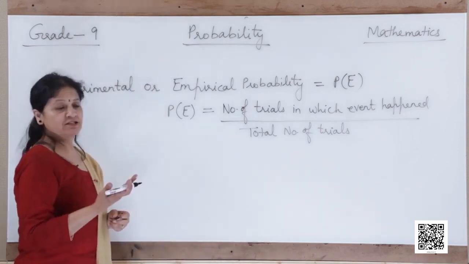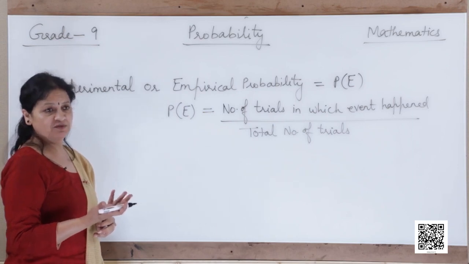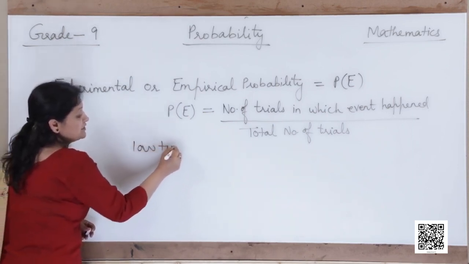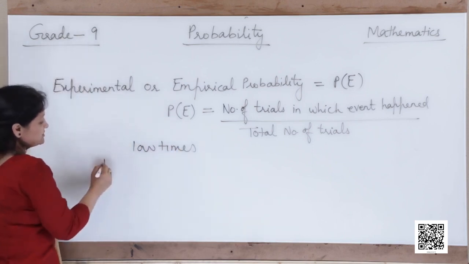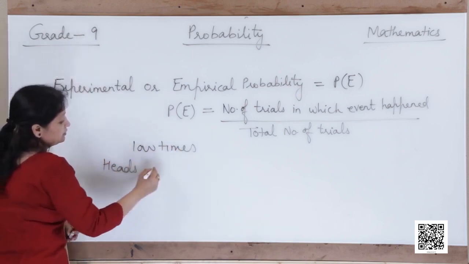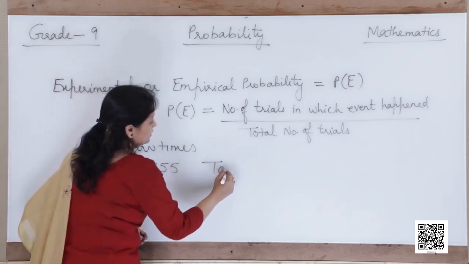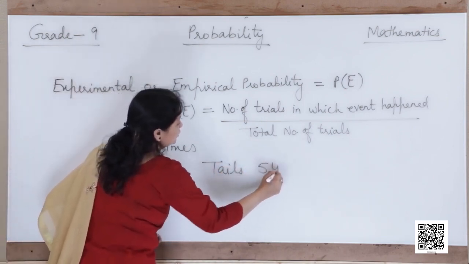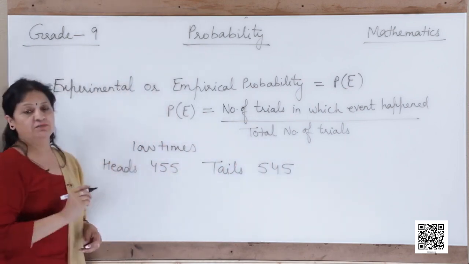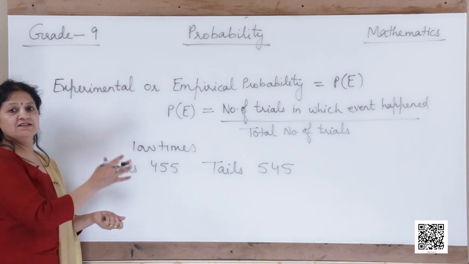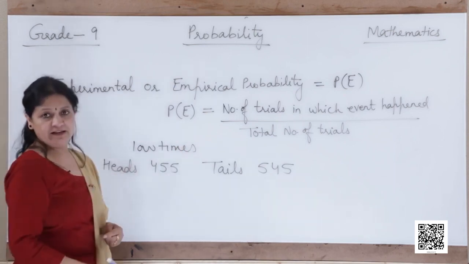Suppose a coin is tossed 1000 times, with the frequencies: head comes 455 times and tails comes 545 times. Find the probability of both the events, that is head and tails.